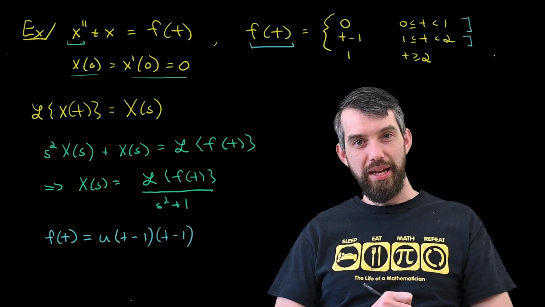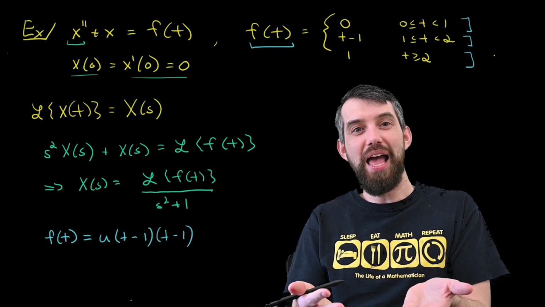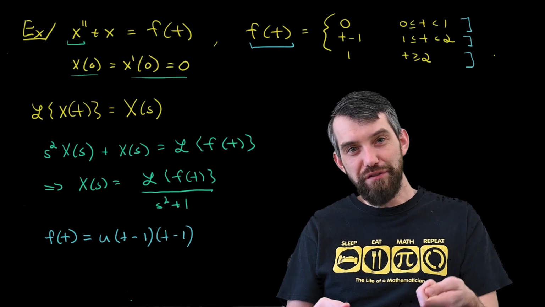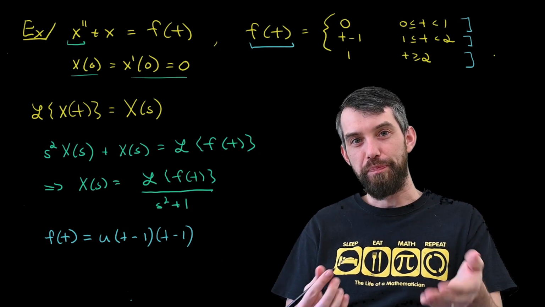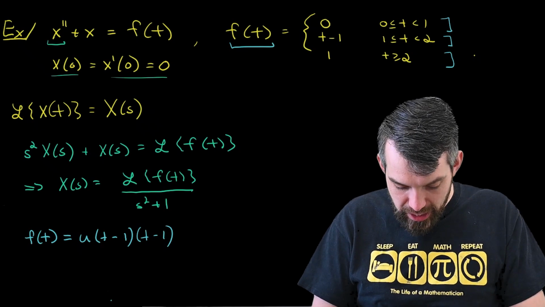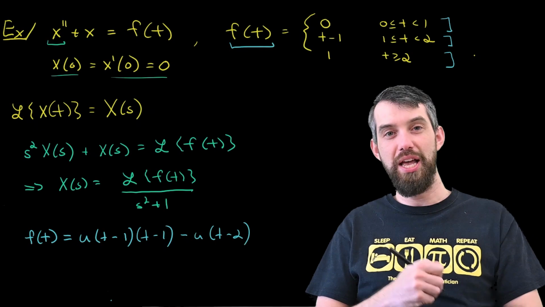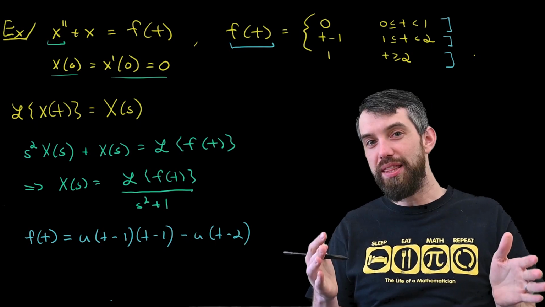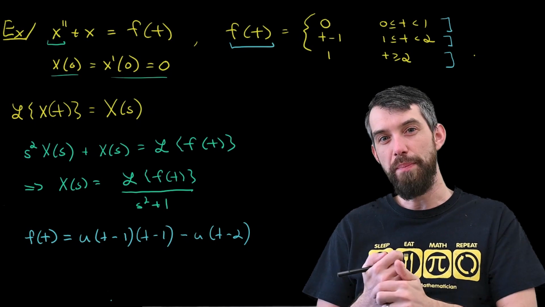That's great, except I also have this third portion of the piecewise defined function. So I in some sense need to turn off the t - 1 function and replace it with just the function 1. The way that I'm going to do this is to subtract off a step function u(t - 2). This is a step function that does not contribute anything until t is equal to 2, and then it starts having the value of 1.